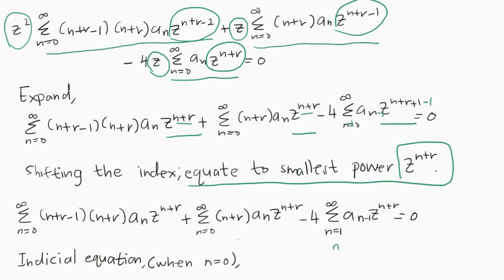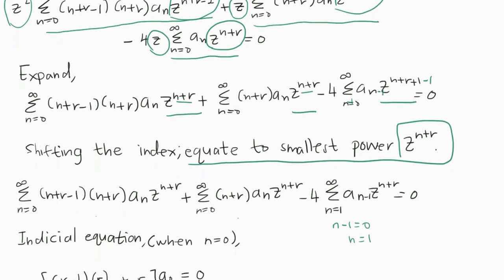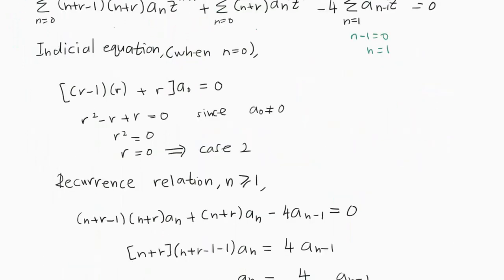Here it changed to n equal to 1 because n minus 1 equal to 0, so the summation will start at n equal to 1. Okay, so next, writing the indicial equation.